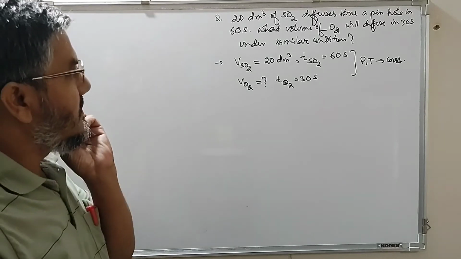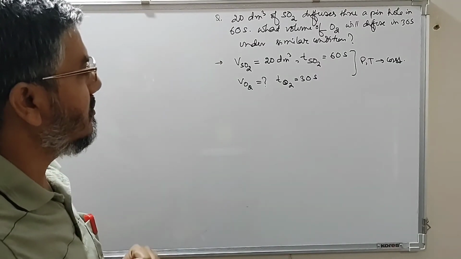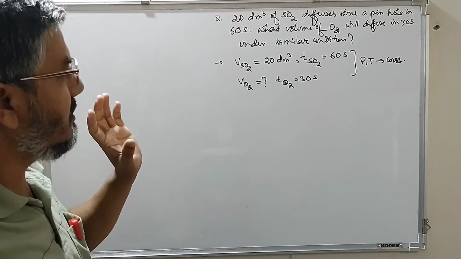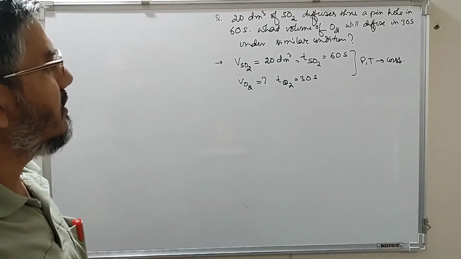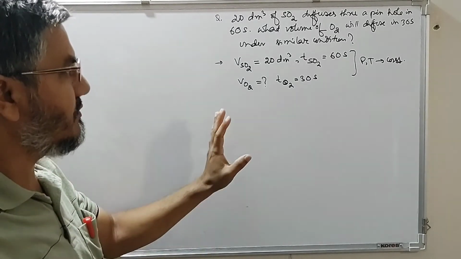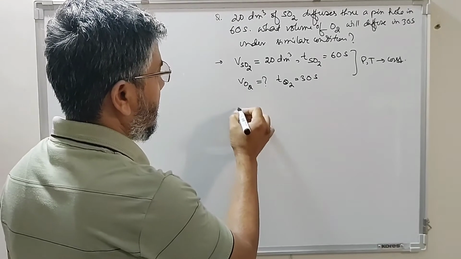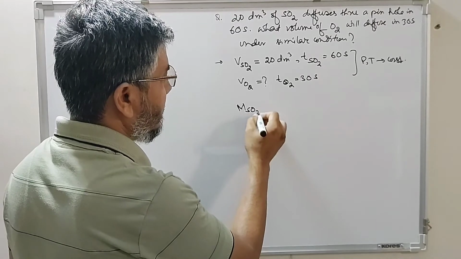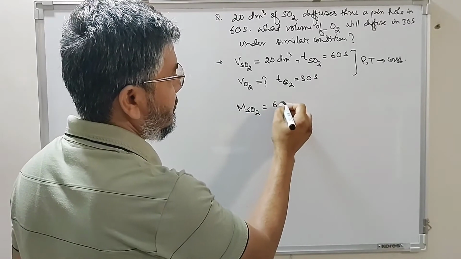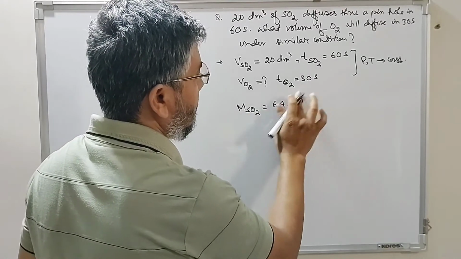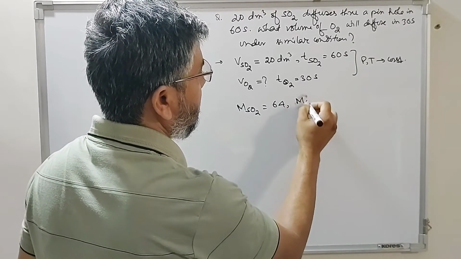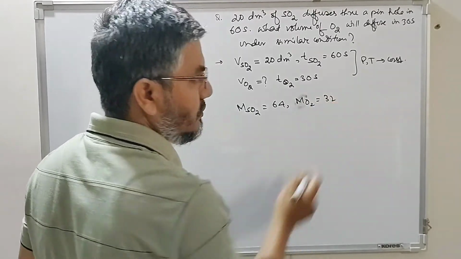So look at this, we have been given volume and time, and we have to find the volume. The molar mass of sulfur dioxide is 64. The molar mass of oxygen is 32.